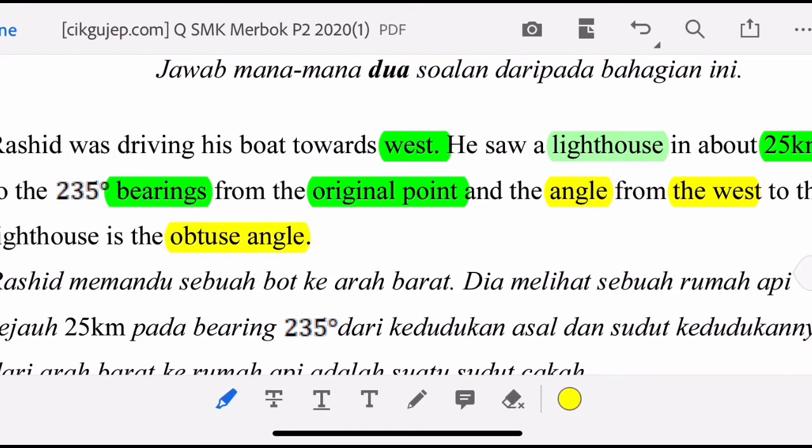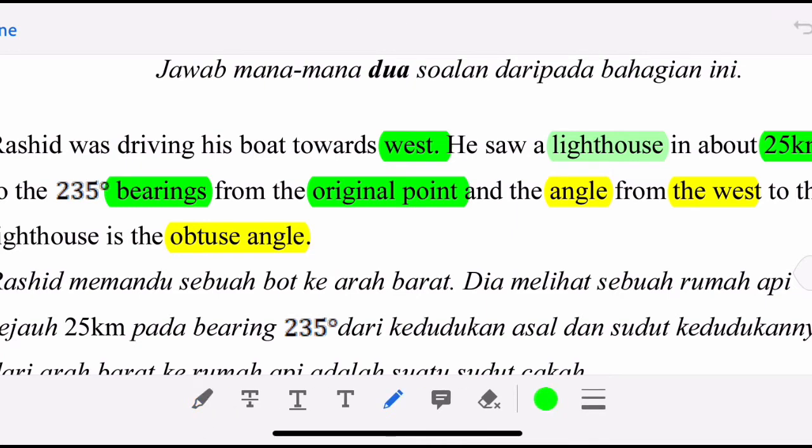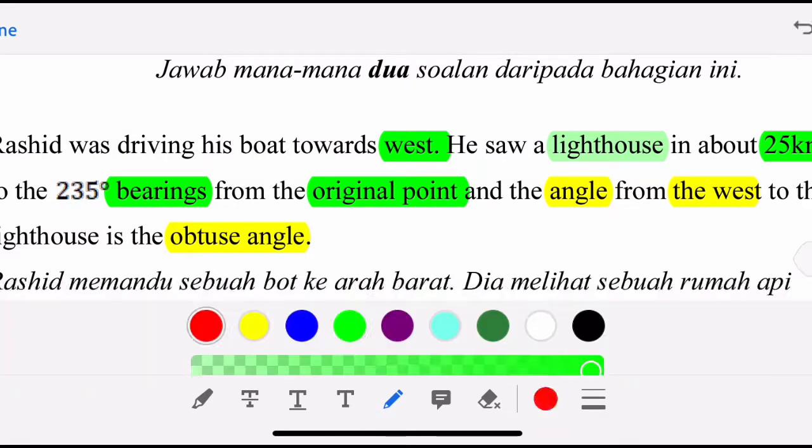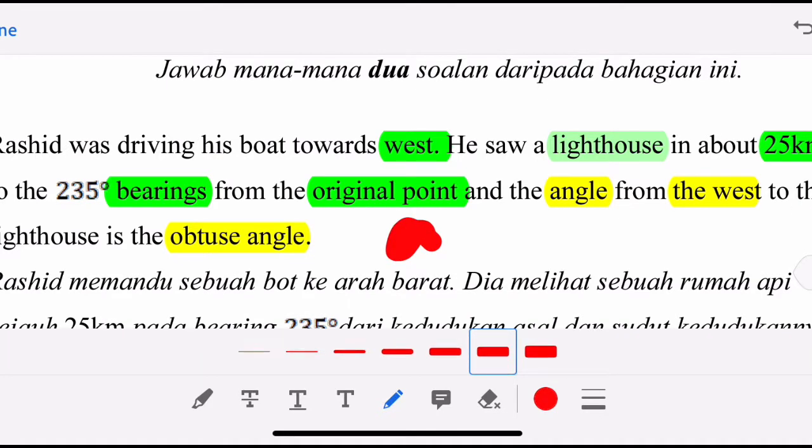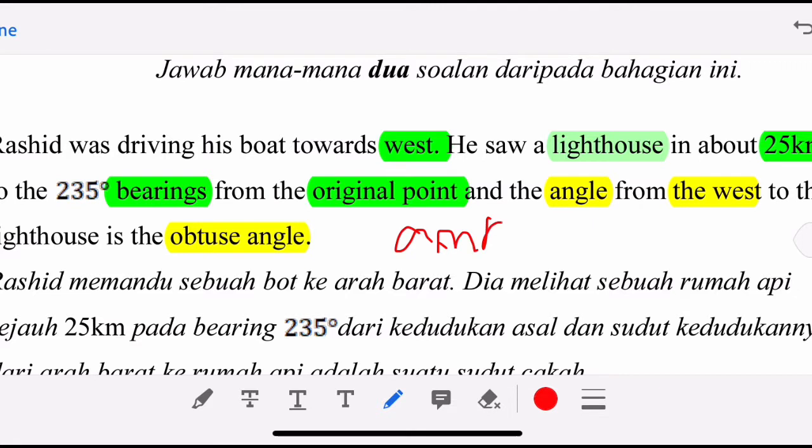This is a very important keyword. Whenever you see an obtuse angle, you will think about one of the special cases in solution of triangles, which is the ambiguous case. So this one is actually involving the ambiguous case.